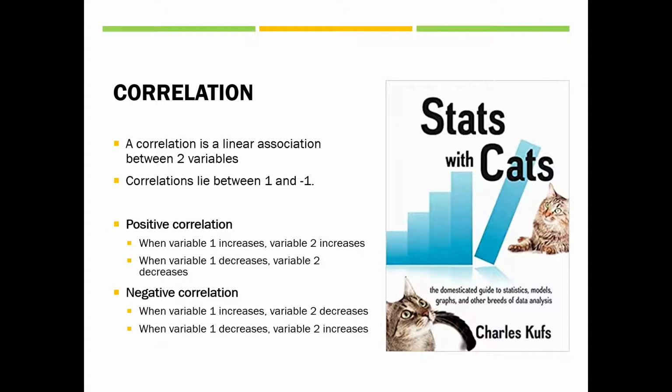It follows the same pattern. Or one variable decreases and then the other variable decreases. A negative correlation is when one variable does one thing and the second variable does the opposite, basically. So variable 1 increases, which causes variable 2 to decrease, or variable 1 decreases, which causes variable 2 to increase.